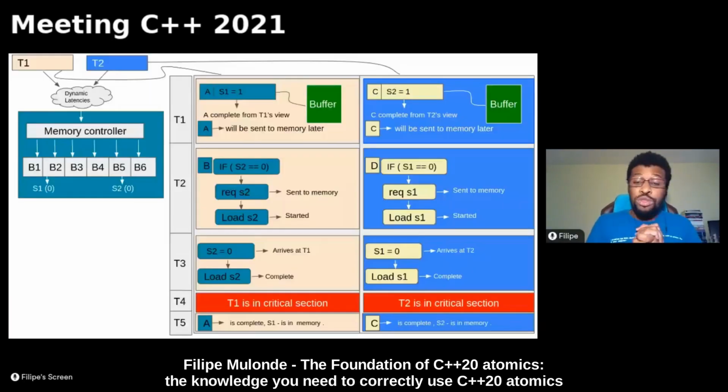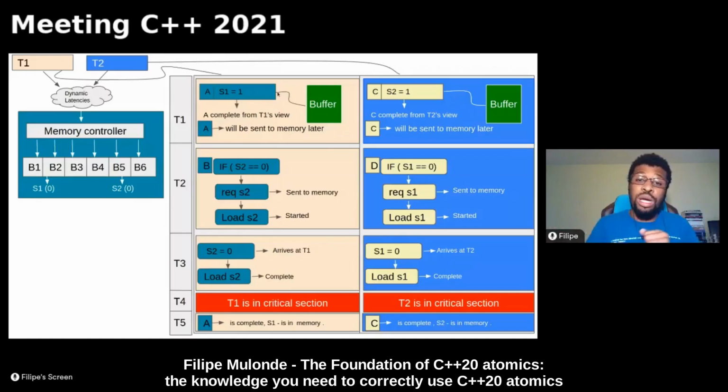Now let's go into detail, in a sequential manner, on how and why these threads can be in the critical section at the same time. So here I have the two threads, and here I have time that just describes the time at which each event happens. So let's start. At time 1, thread 1 sets its global variable to 1, but thread 1 is not updating the memory directly.